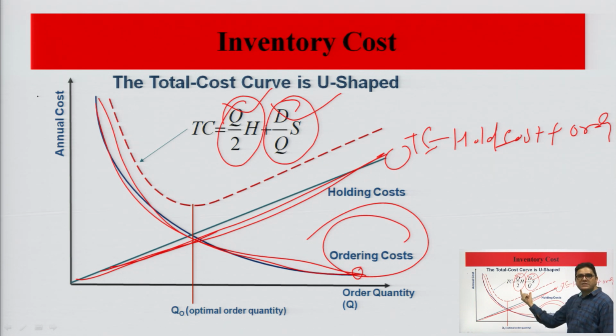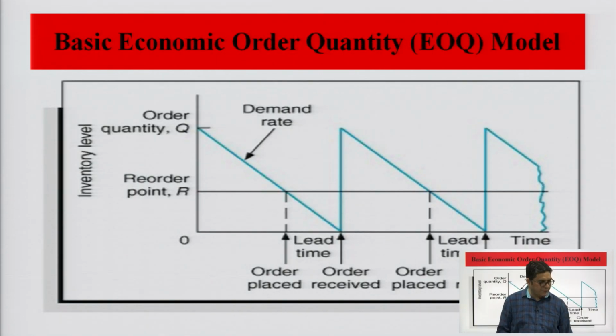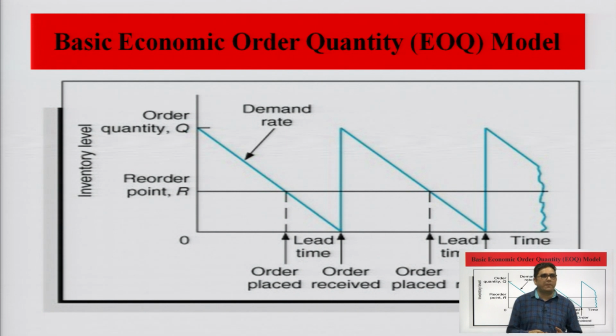We can calculate it separately or together, but this is how the total cost is calculated. Now, this is the basic economic order quantity model. Into this quantity model, we will identify certain items.